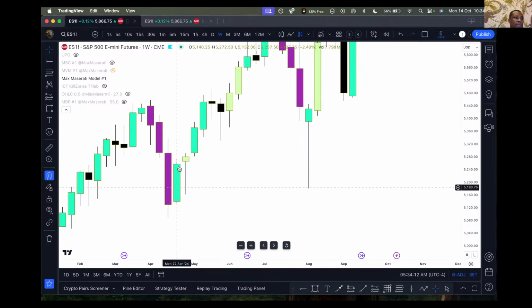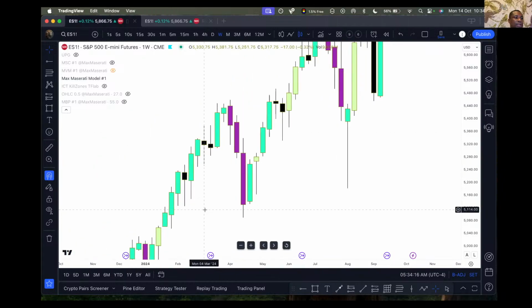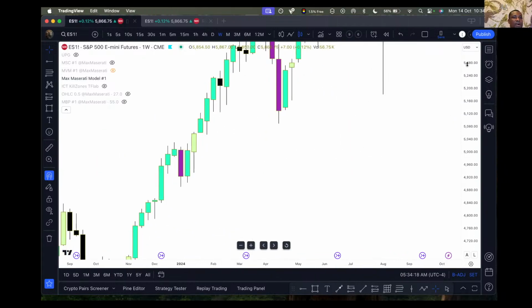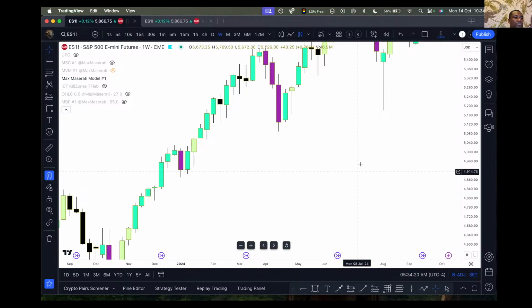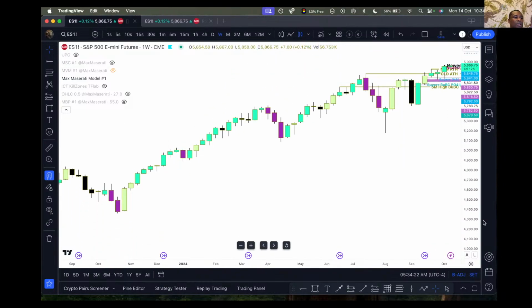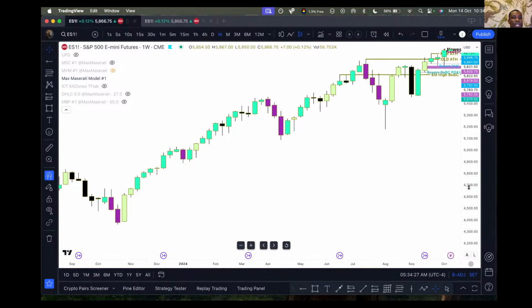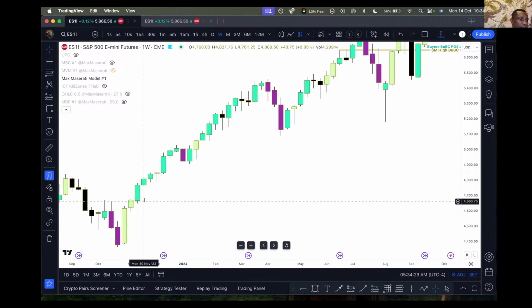The market went all the way up and created a market switch change here. If we go all the way down on the weekly, we want a very clear market switch change. This is our clearest market switch change, with a bullish body close. So this is our MMM external block on the weekly.